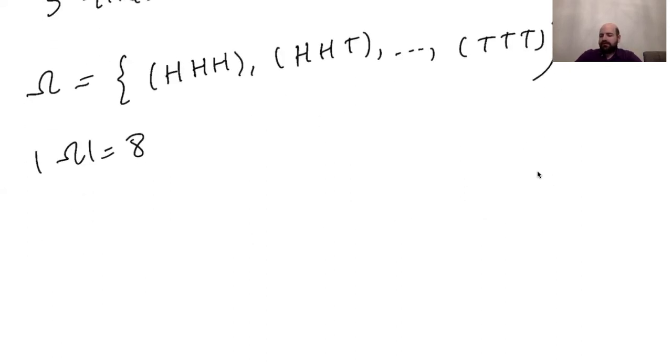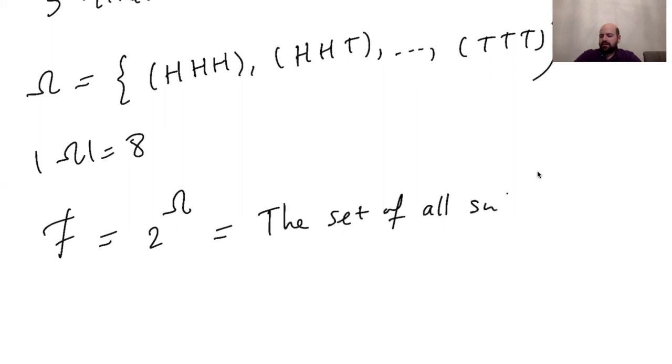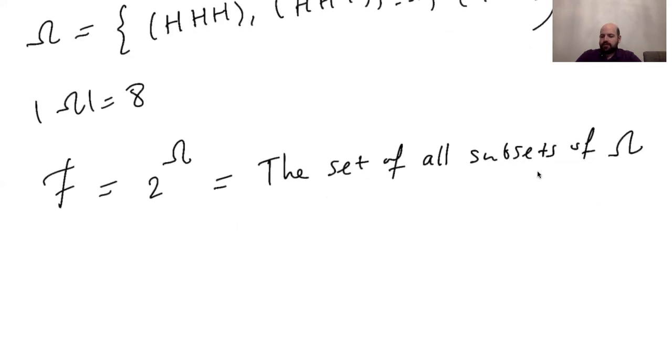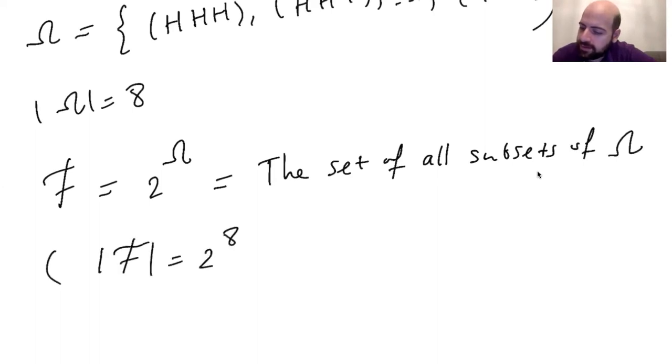And let's say F is 2 to power omega, which is the notation for the set of all subsets of omega. So F has 2 to power 8 elements.